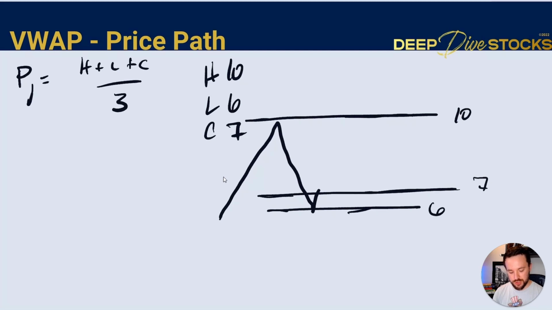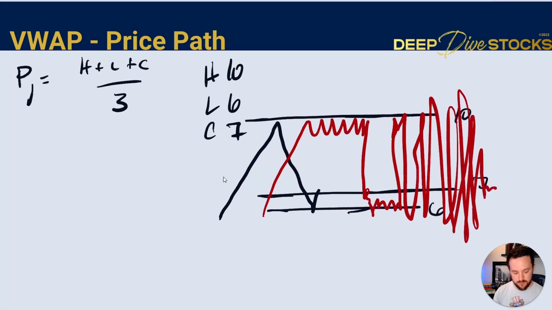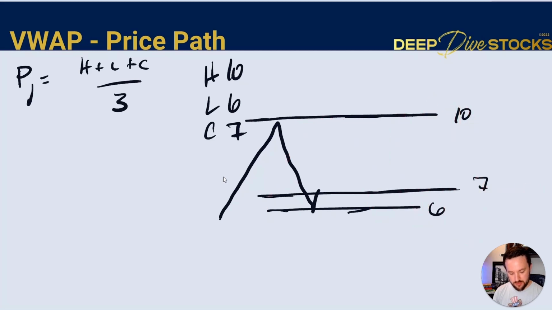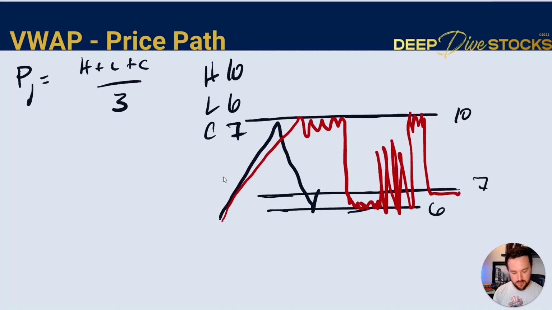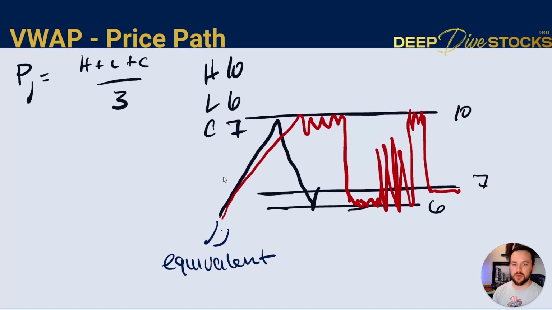But what if the stock did this, right? What if it had a significant amount of movement inside of that 5-minute candle? VWAP is blind to it. These two, I'll draw it a little nicer. These two are equivalent in VWAP size. But we can clearly see, if we were looking at that on our time chart, that something very curious is happening.